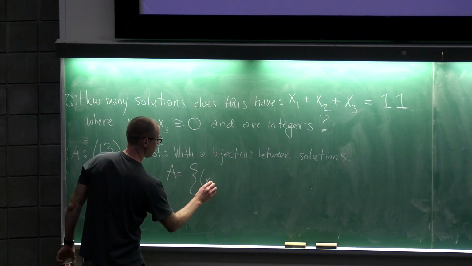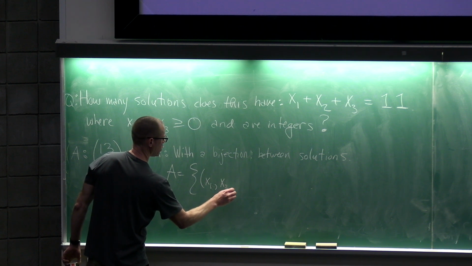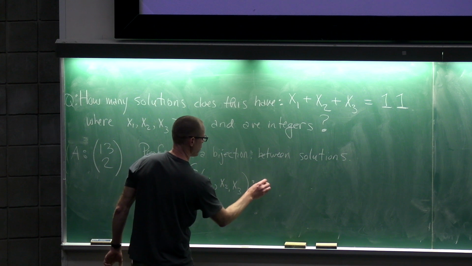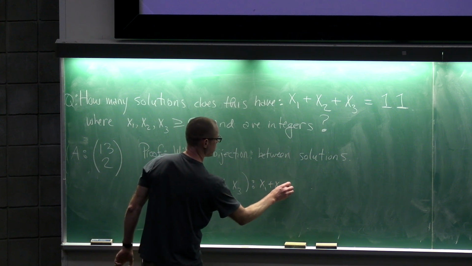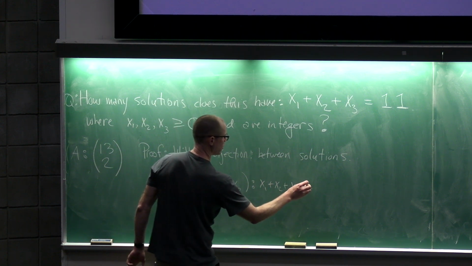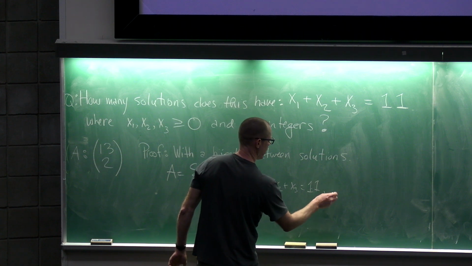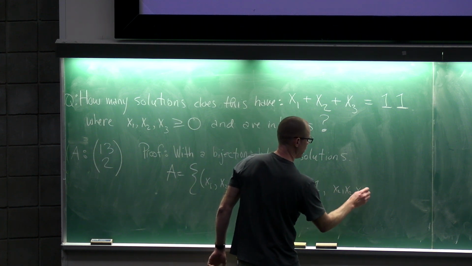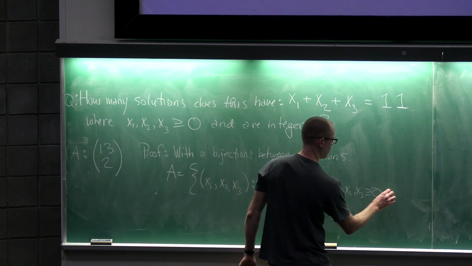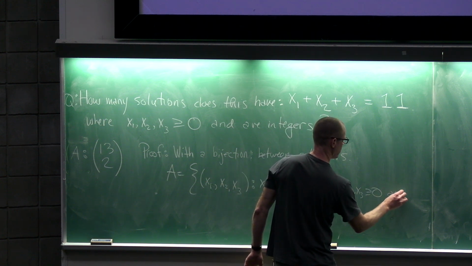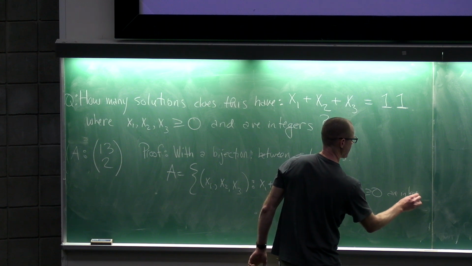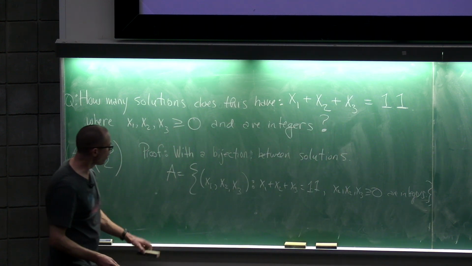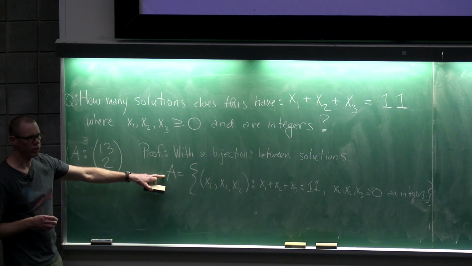These are triples x1, x2, x3 such that x1 plus x2 plus x3 equals 11, and x1, x2, x3 are all integers greater than or equal to 0. So that's what we're trying to count. How big is this set A of solutions?